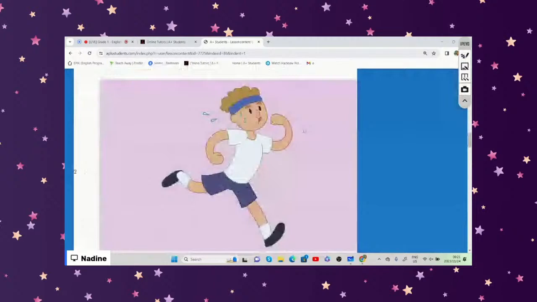Now look at what's happening in the picture. So what's happening within the picture? What do you see or who do you see in the picture?